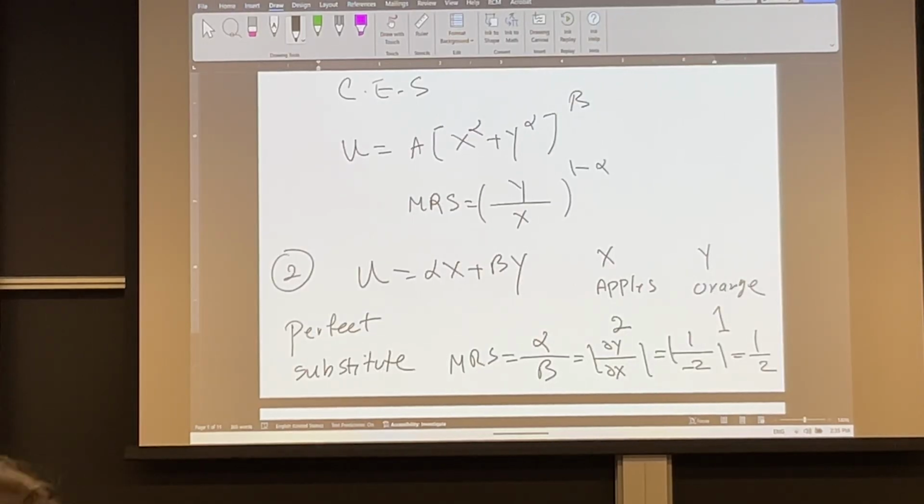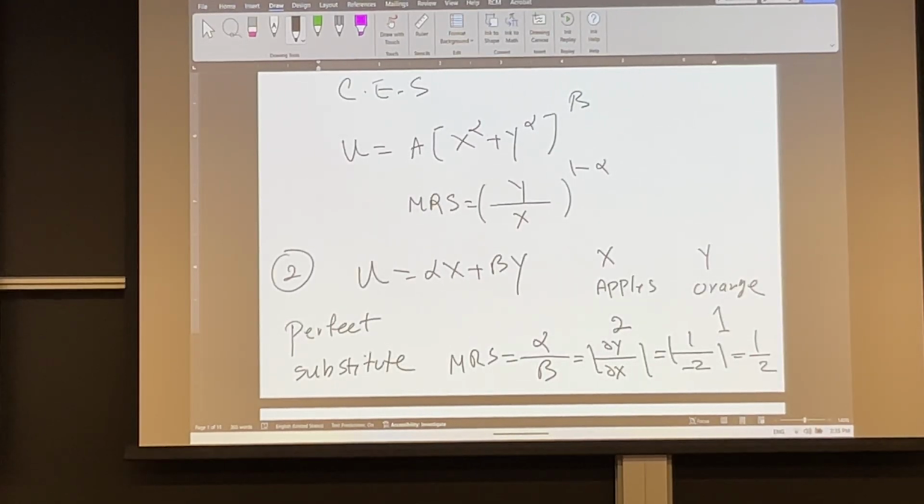The trade-off is you give up 2 apples for 1 orange, that's the MRS, 1 over 2. Yeah. You give up, yeah. But we don't care about the sign. The trade-off is negative. You give up, you get. I put the absolute value in the sign.